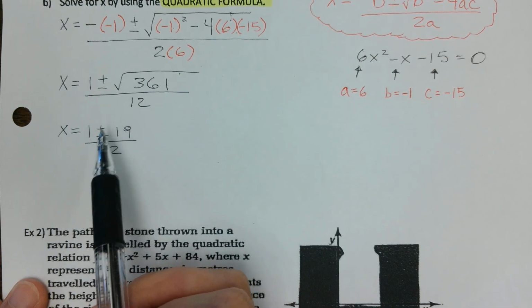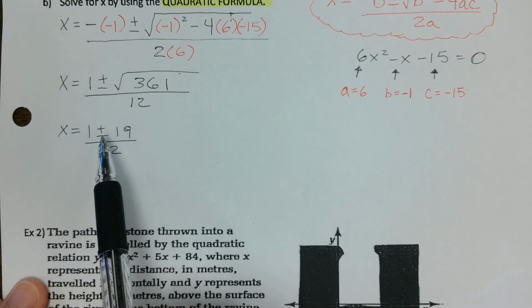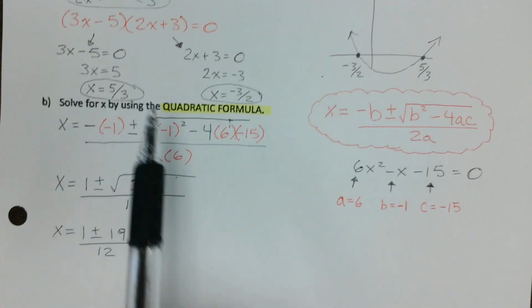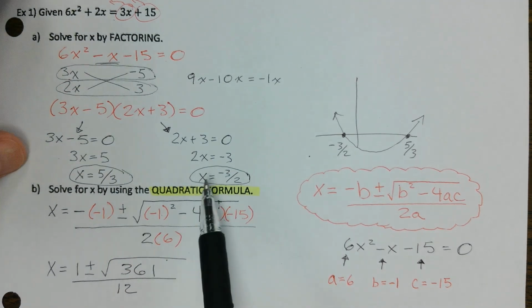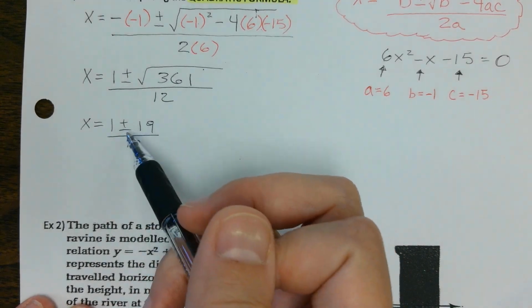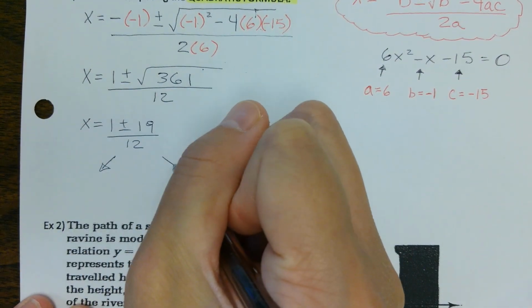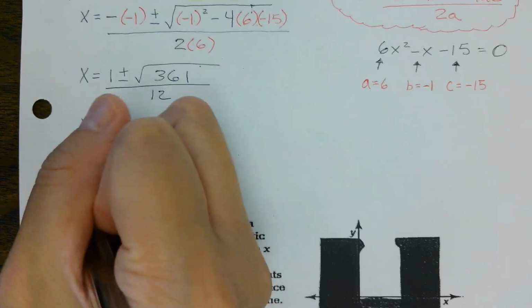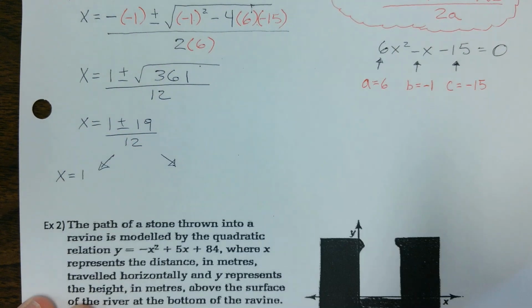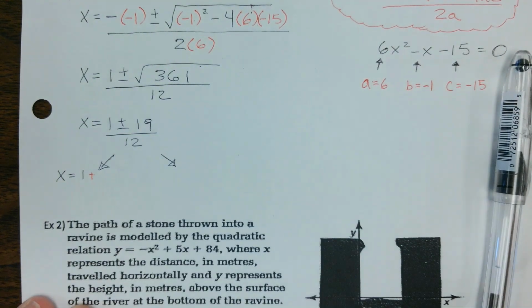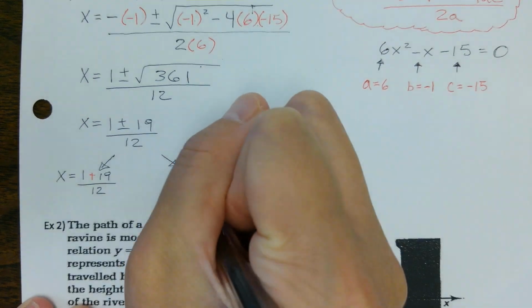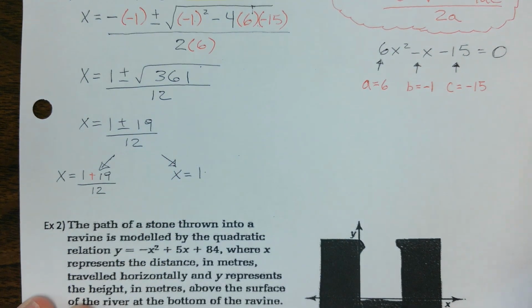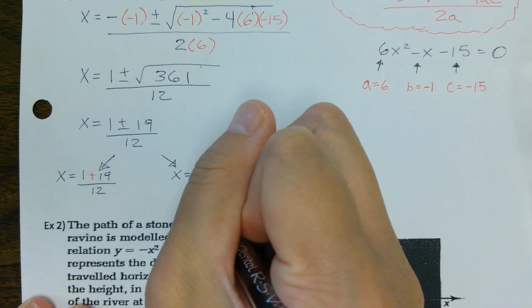This right here, plus and minus means two separate answers. Just like right here, how many x-intercepts did I find? 2. That's why you have a plus and minus to give you your 2 sets of answers. One of them is going to be x equals 1 plus 19 over 12. And the other is going to be 1 minus 19 over 12.